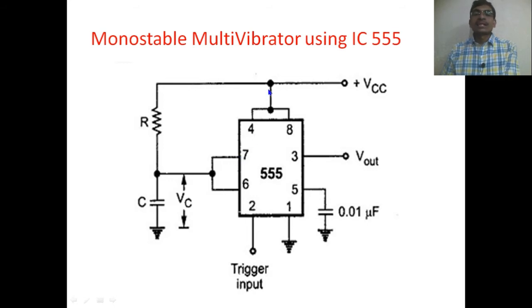A resistor R is connected between the plus VCC and the sixth and seventh pin combination at this node. This is the IC connection of a monostable multivibrator using IC 555.